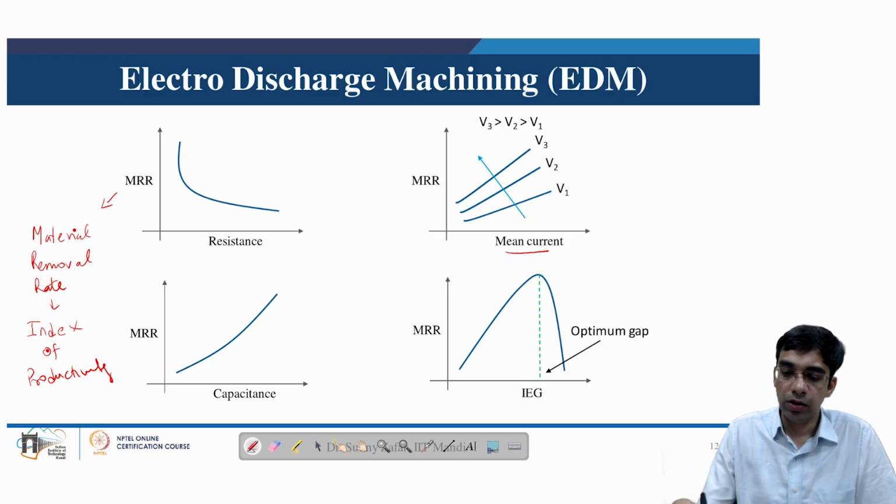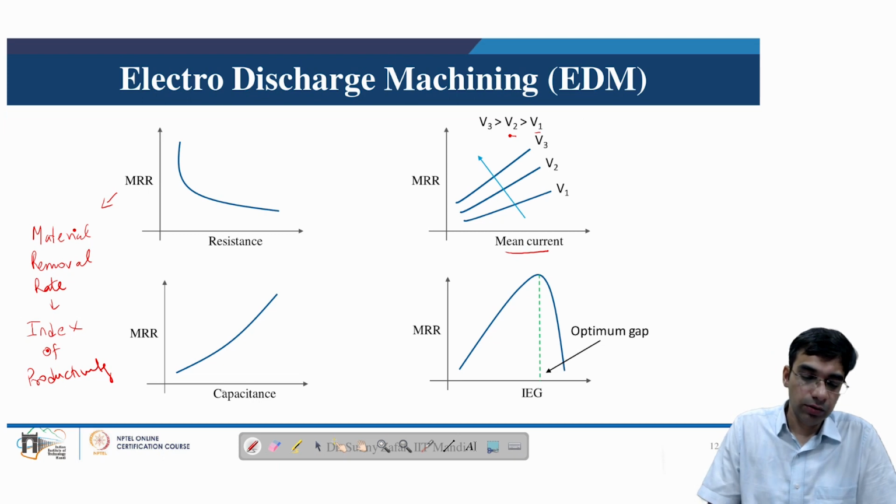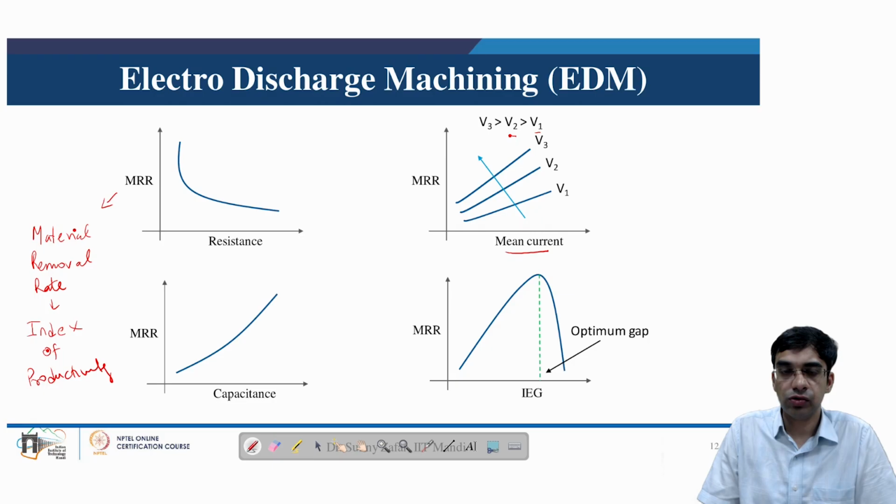Material removal rate also increases with increasing potential difference, where V3 is greater than V2, which is greater than V1. Also with capacitance, as the capacitance value increases, the capacitor which is present in the relaxation circuit can store more charge, because of which the material removal rate can increase. And then we have the inter-electrode gap.